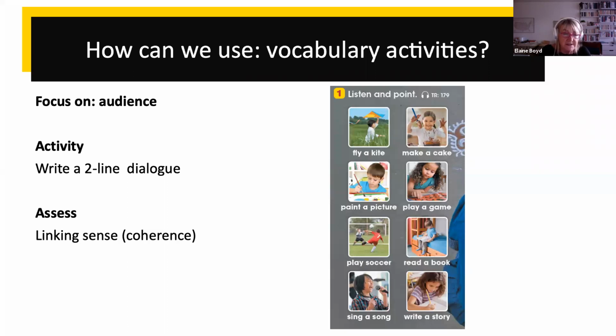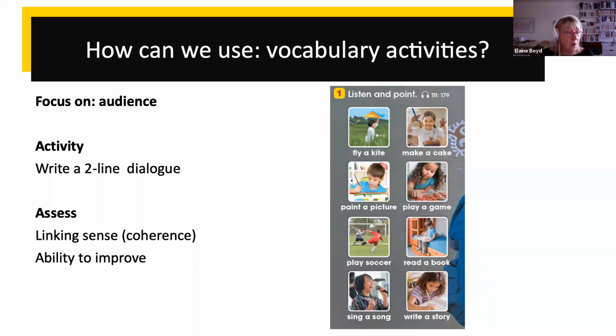And this is what you might want to, of course, I'm not saying you have to, this is what you might want to assess. So, for example, you might say, right, what I'm going to see is, can you, obviously you wouldn't explain it in these words to them, but can you write this dialogue so that it links, so that it makes sense? Because that's what you're testing. Can they do writing that's got a thread to it?